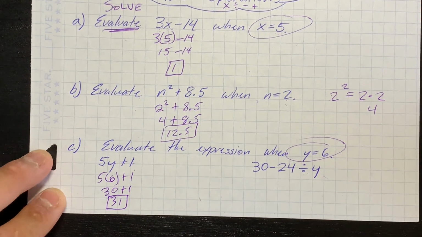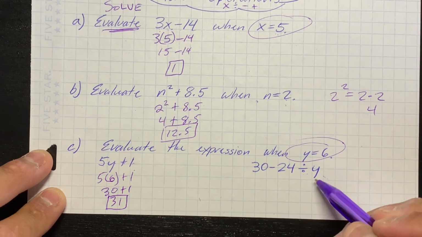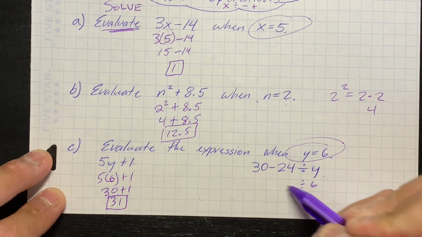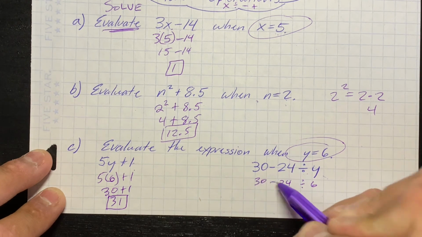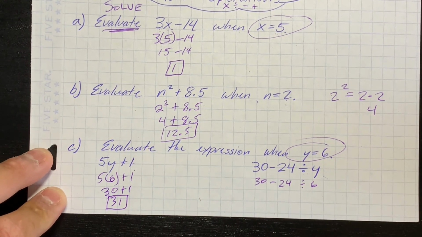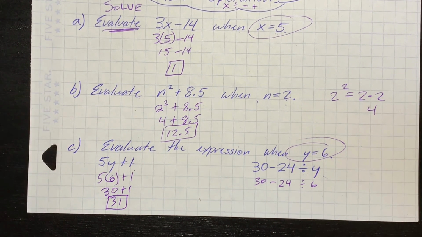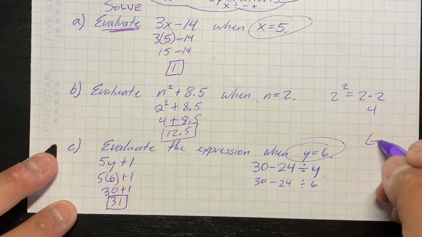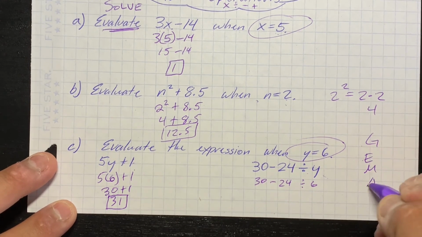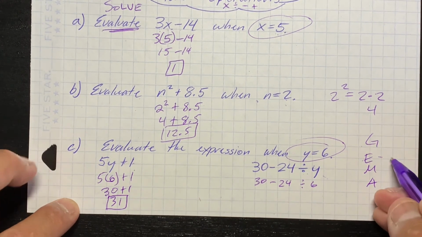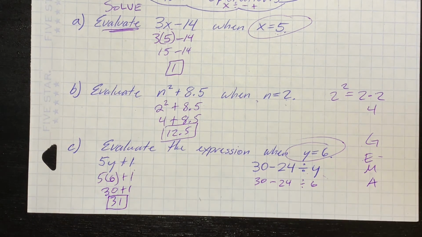Last one here. Now again, y equals 6, so you substitute 6 for y. Rewrite the expression. Now, according to the order of operations, you are going to follow GEMMA. And GEMMA is the grouping symbols, the exponents, the multiplicative operations, and then your additive operations.